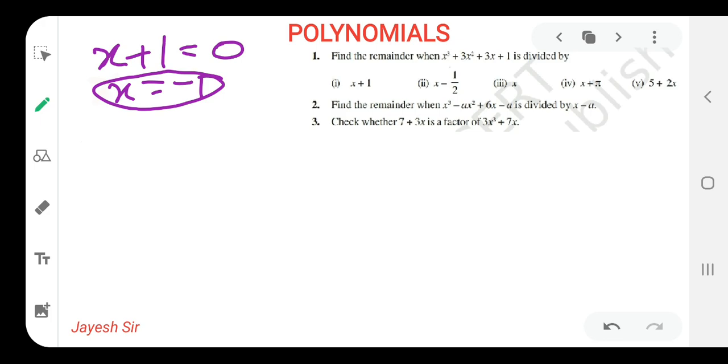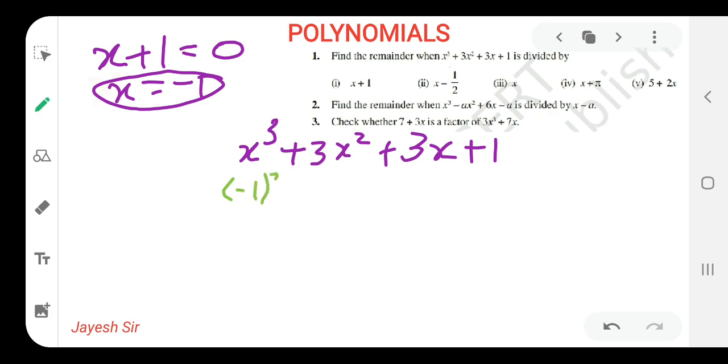So let's solve it. x cube plus 3x square plus 3x plus 1, this is our polynomial. Now we have to put the value of x over here, and we have found the value of x as minus 1.